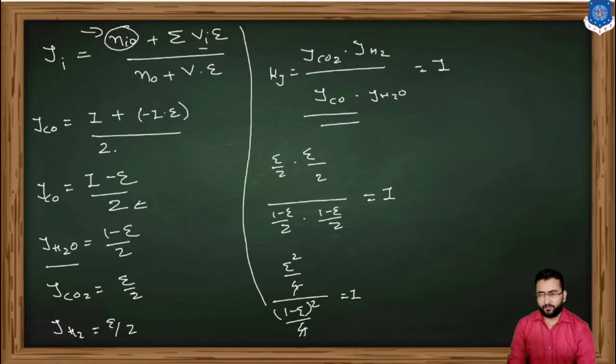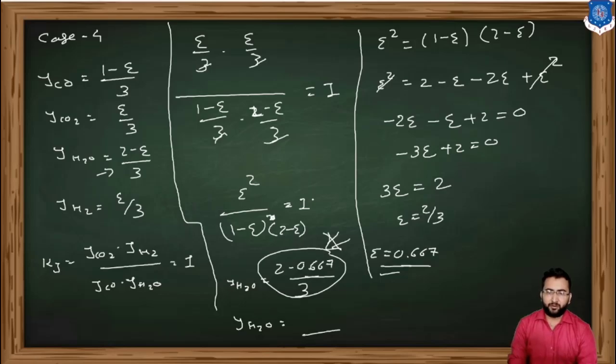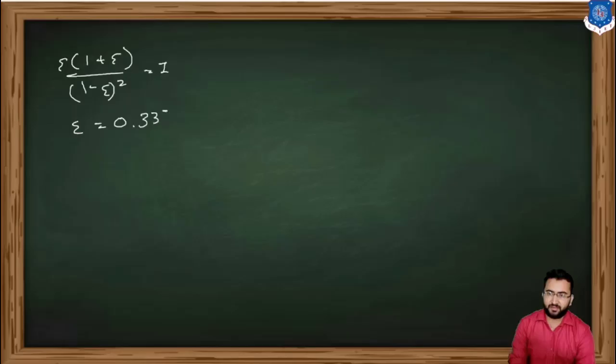If we make all the equations and put the values, we get epsilon into 1 plus epsilon upon 1 minus epsilon whole square is equal to 1. If we simplify this, we get the value of epsilon as 0.333. So we get this answer for epsilon in case 6.